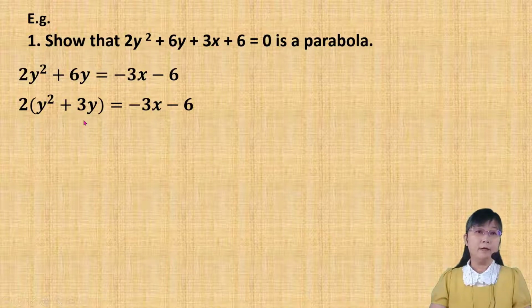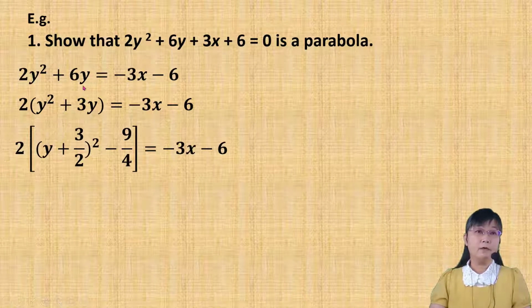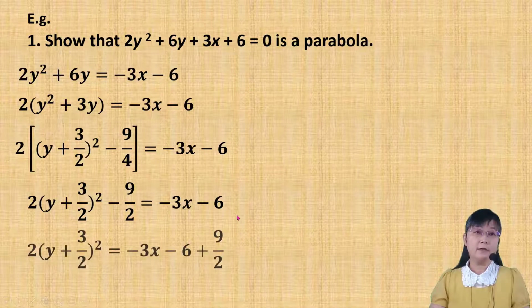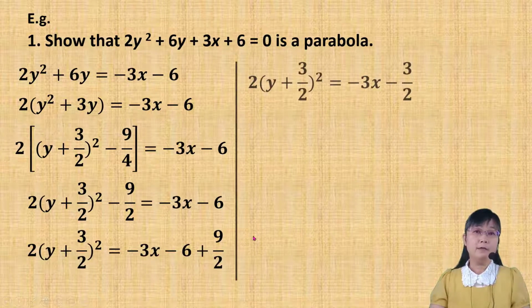Now, when I carry out completing the square, the coefficient of y must be divided by 2, then minus the square of 3 over 2, that is 9 over 4. Then I cancel off the square bracket. When I expand, I get 9 over 2. So now I shift 9 over 2 to the right hand side. When I simplify, I get something like this.